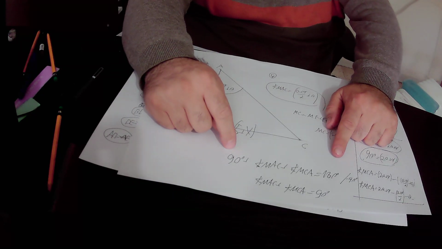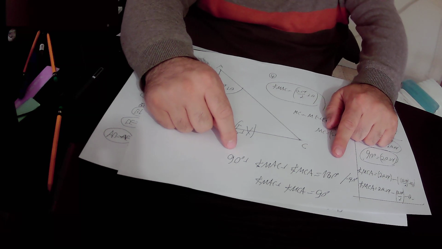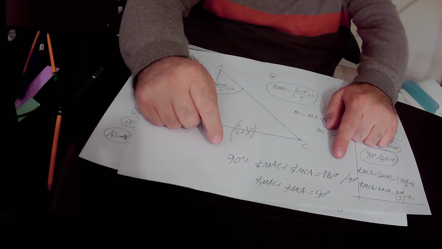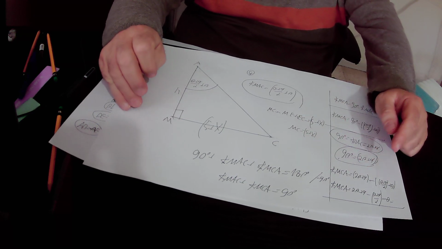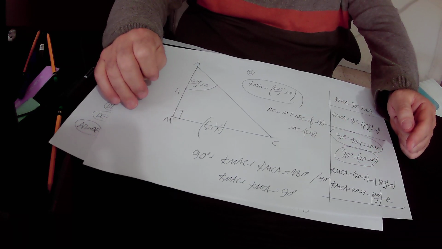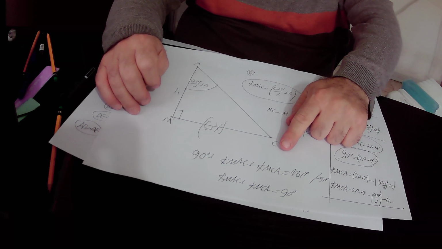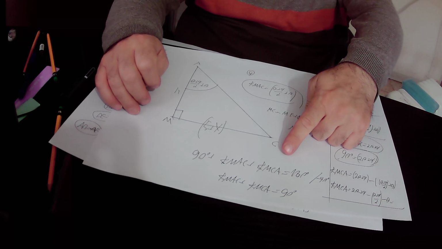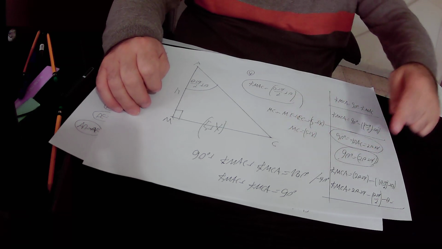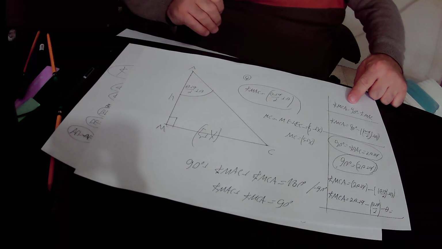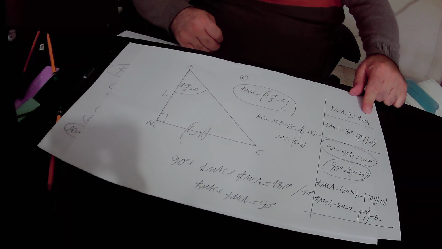We subtracted 90 degrees from this equation, and we got that angle MAC plus angle MCA equals 180 degrees minus 90 degrees, which is 90 degrees. So we subtracted angle MAC from this equation, and we found that angle MCA equals 90 degrees minus angle MAC.